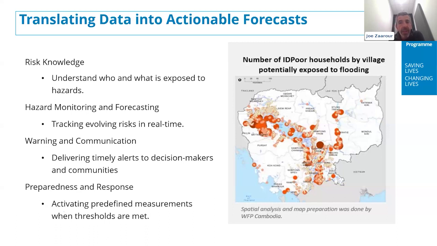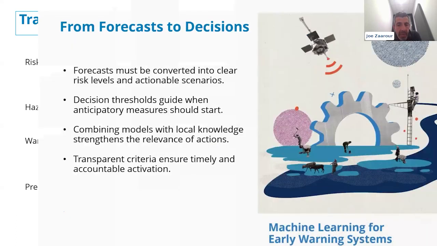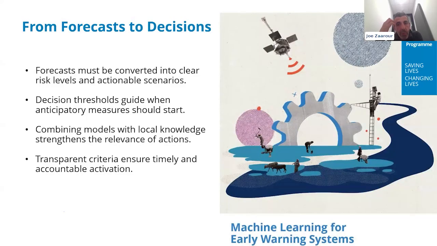Next, please. So if we were to say that forecasts must be converted into actionable scenarios, there are these thresholds that we talk about. So basically, that would define the what, the when, and the how. And there are multitudes of data elements at the moment, either from land observation or Earth observation, that would help us in developing forecasting scenarios.